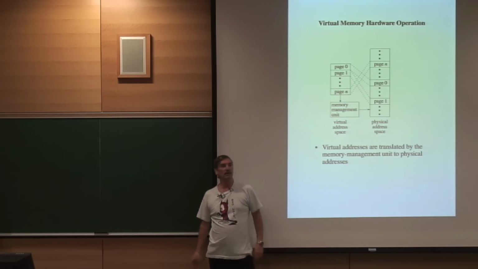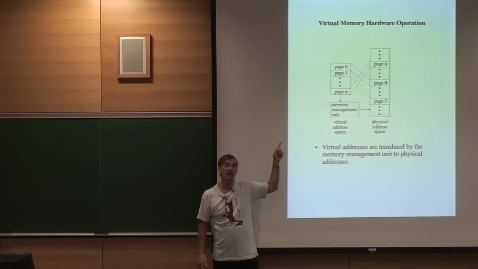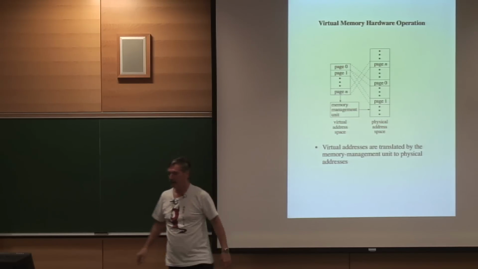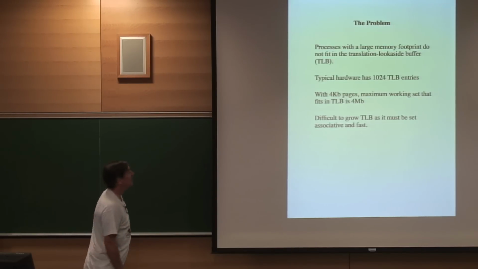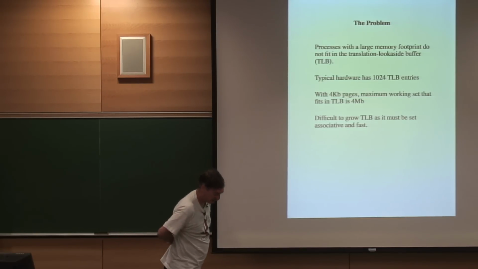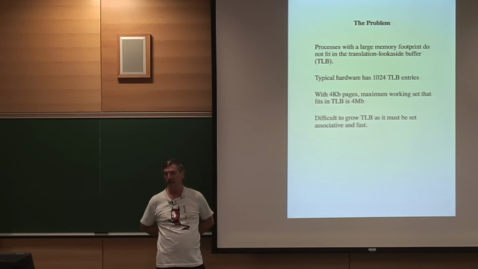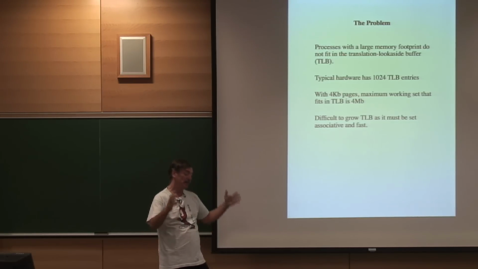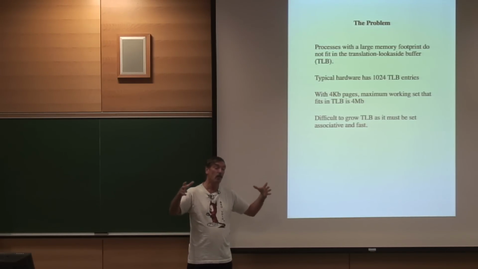Okay, so with this in mind, we're going to start talking about TLBs and the problems that they bring to the situation here. What's the problem we're trying to deal with? Well, as machines have gotten bigger and processes have gotten bigger, the footprint that the process has gotten bigger, which is to say your working set.